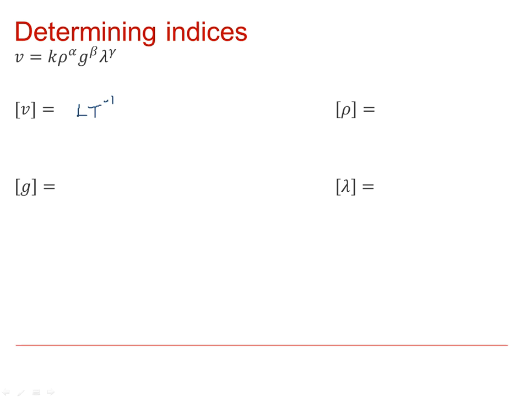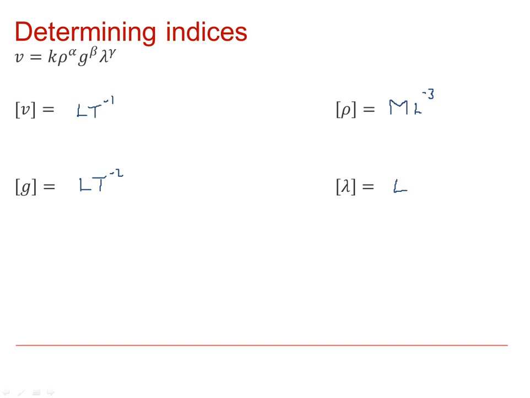Density rho is mass over volume, so we've got mass, length to the minus 3, so ML to the minus 3. Acceleration due to gravity, acceleration is LT to the minus 2. And lambda is a wavelength, so that is just length.